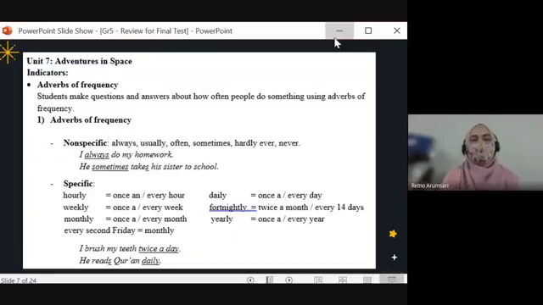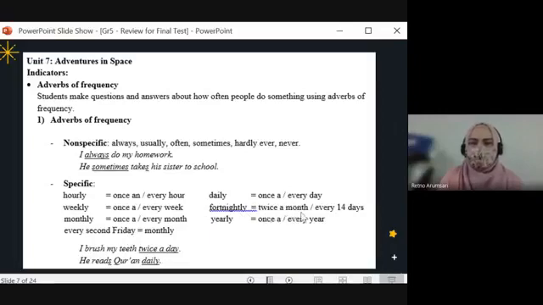But for specific adverbs of frequency, you know the numbers like this: once an hour, once a week, once a month. It means one time an hour, right? One time a week, one time a month, like that. We can change those into hourly, weekly, monthly, daily, fortnightly.